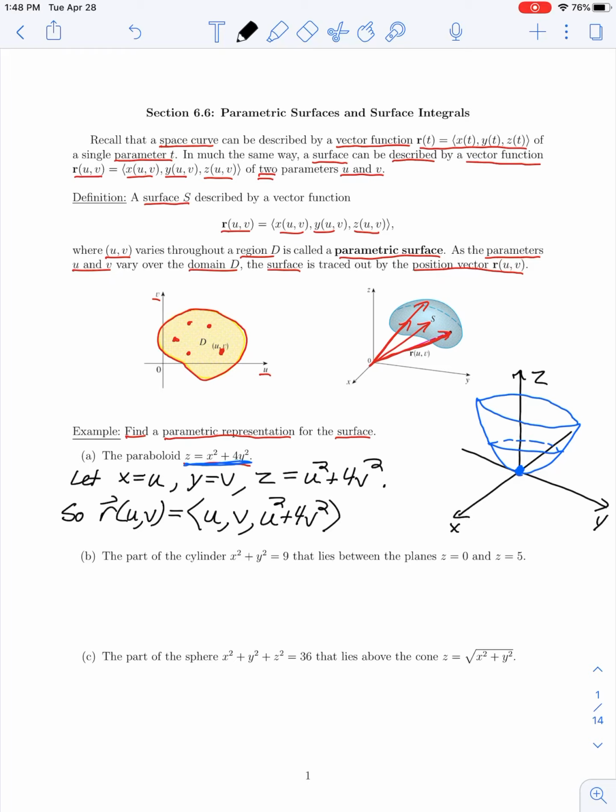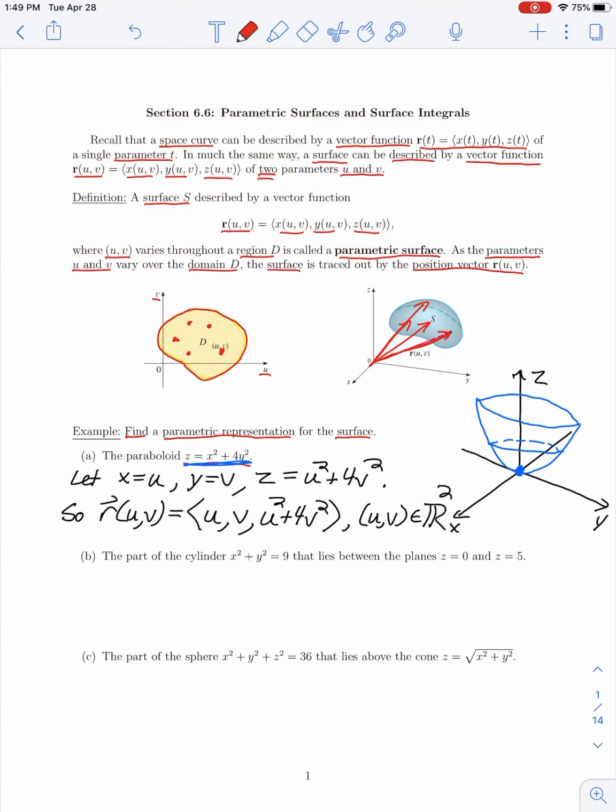That is, what is the set of valid values that we can choose for u or v. Now, for a paraboloid, there are no restrictions on what we can choose for u or v. So we might have a little statement here where u and v could be any point in the real plane. So x and y or u and v could be any real numbers that we want here. So let's look at another example that's maybe a little bit trickier.